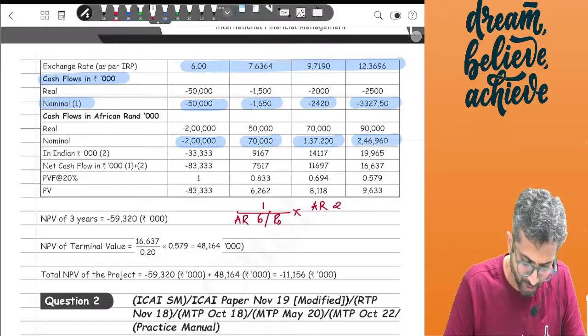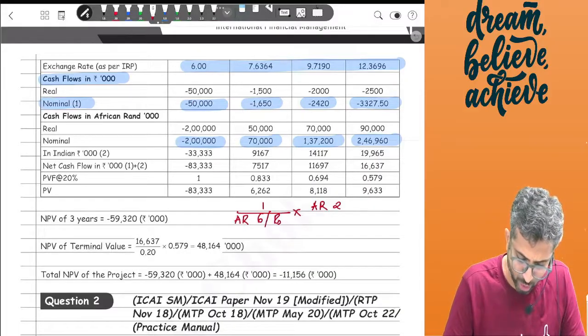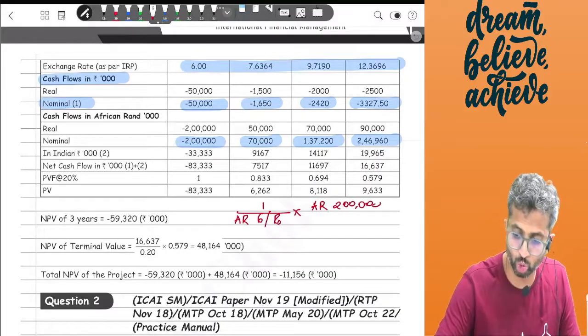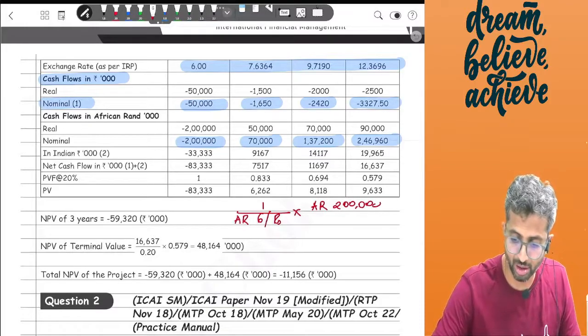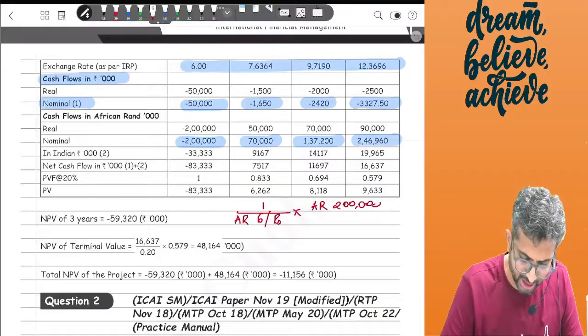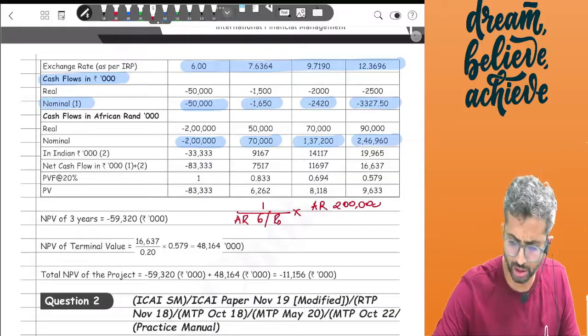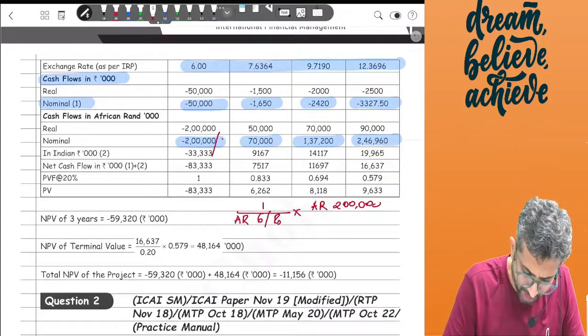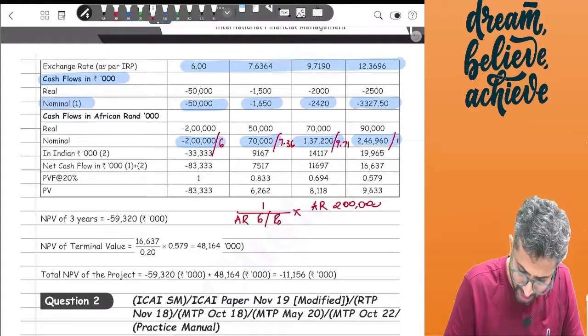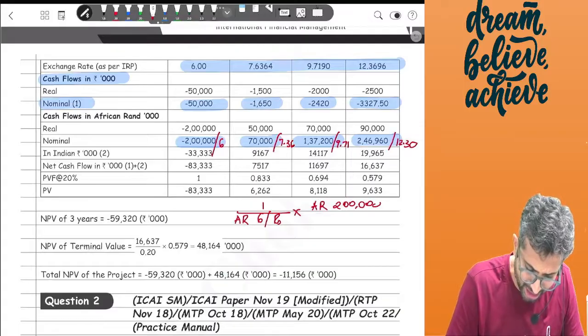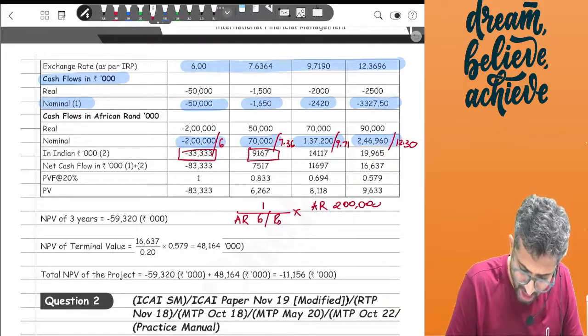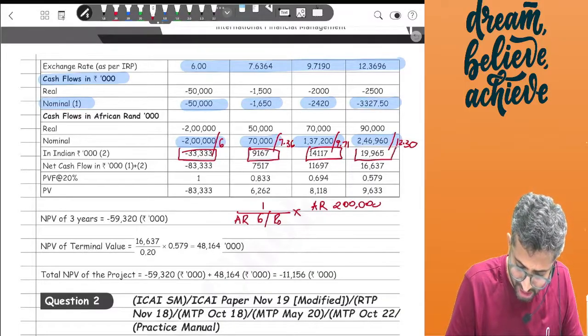Initially you have to spend 2 lakhs, so 2 lakhs divided by 6, can I say this is 33.33? Next, this is divided by 7.63, divided by 9.71, divided by around 12.36, and you will get these cash flows in the Indian currency. So finally, you have the cash flows over here.